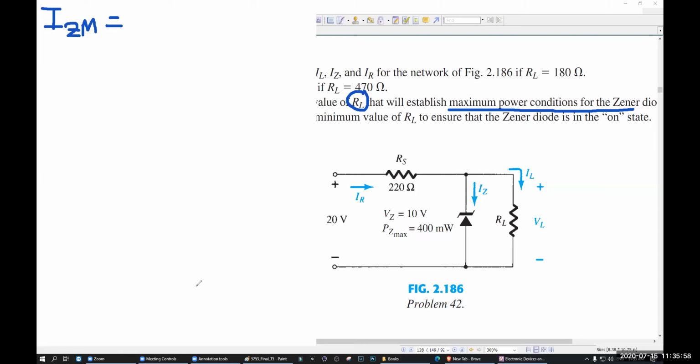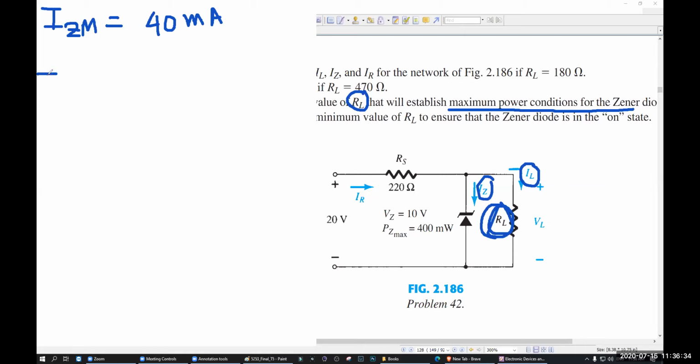That thing we have already found out, the value was 40 milliampere. So you have to find the value of RL so that your Zener current is maximum. If this current is maximum, then the load current is minimum, so RL is maximum. You have to find out the RL maximum.